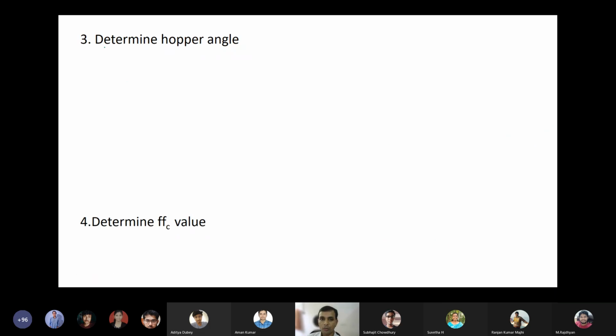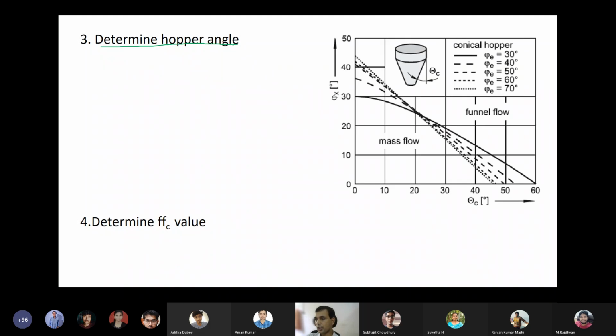Then we need to determine the hopper angle, because the mass flow, or the flowability of the particles, depends entirely upon the hopper angle and the outlet dimension. Just now I showed the Jenike empirical diagram. We know the wall friction, and we select the angle.